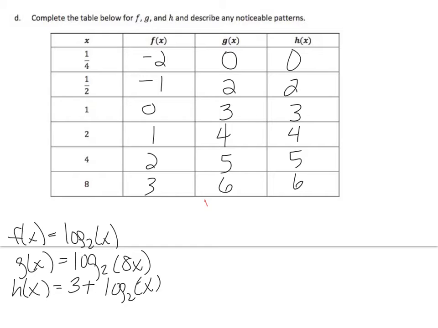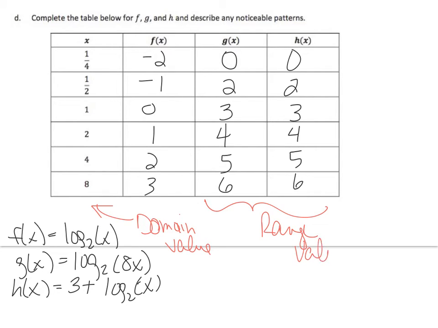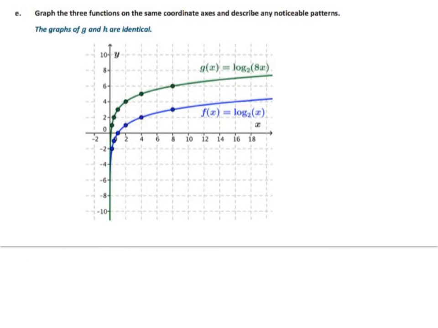I'm sure I don't have to point out that for each domain value, you get the same range value for g of x and h of x. I graphed them, and as you can see, g of x is also h of x. So go ahead and sketch these in your classwork so that we can talk about them, okay?